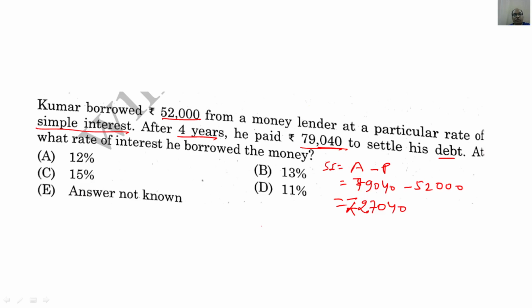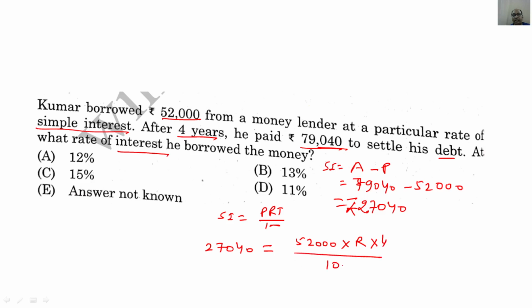So what rate of interest we need to find, R? So simple interest, as I told you earlier, the formula is PRT by 100. We will be substituting. So here 27040 is equal to principal amount 52,000 into R, R we will keep it like this, T is 4 years and divided by 100.